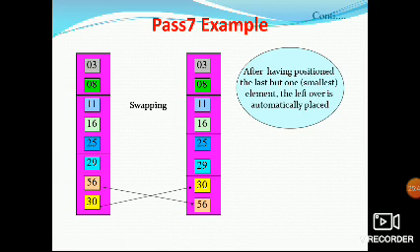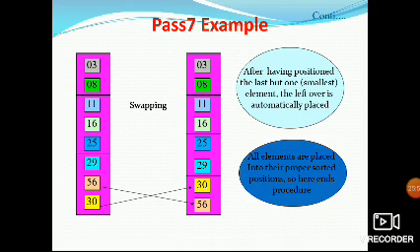Now all have their positions. All the elements are placed into their proper sorted position. So here the procedure ends. How many passes did we do? We did 7 passes.